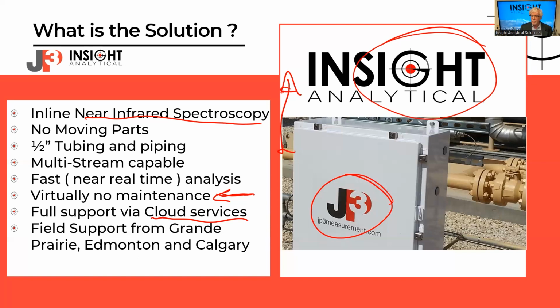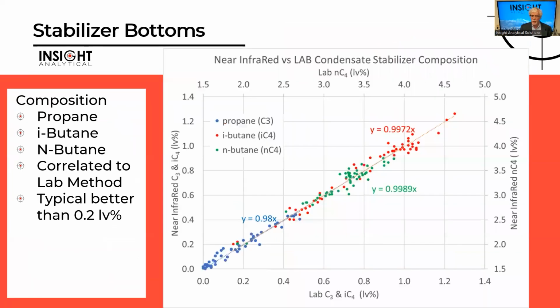So how does it do when we try to measure something like condensate? Here's some data from a condensate stabilizer. These are lab values along the x-axis, and there are two different x-axes. This one is for the butane, this is the propane, and the isobutane.